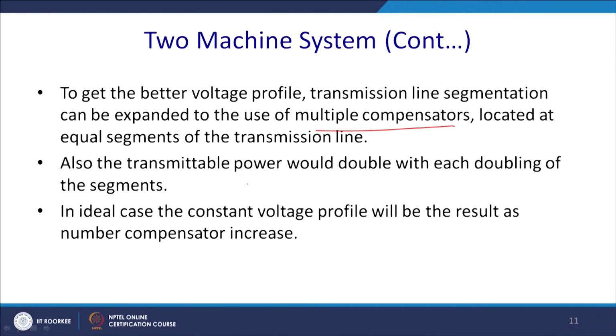Also, the transmittable power would be doubled, as I was saying, doubling for each segment. In ideal cases, a constant voltage profile will result as the number of components is increased, but our assumption is that voltage profiles remain the same, which may not be true for a very long transmission line.